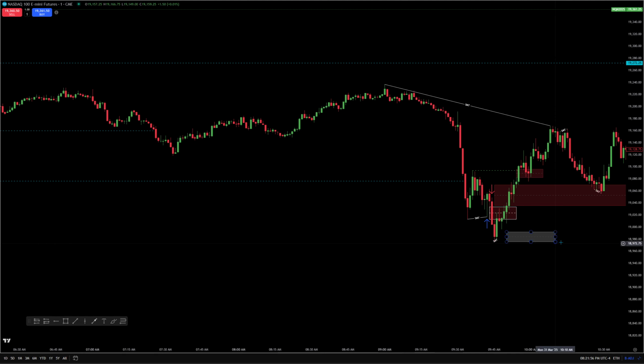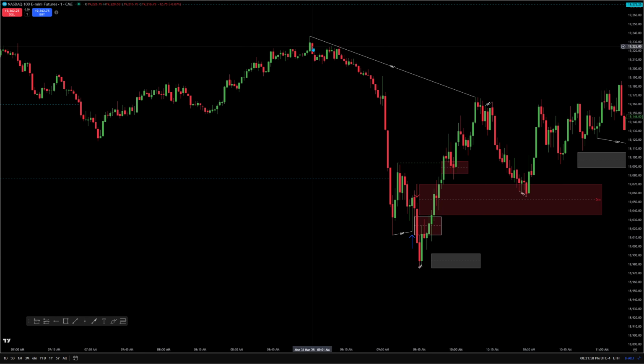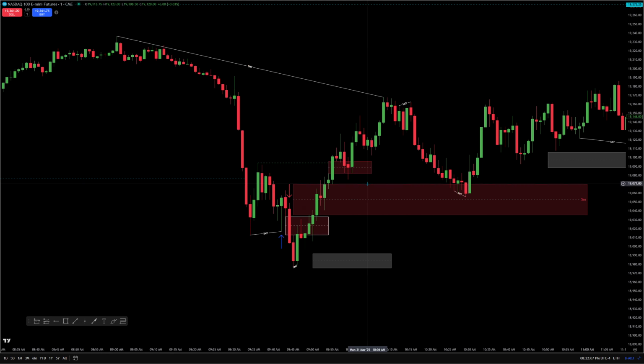If we look, we started going down at 9, so macro pushed us down, took out the low. Usually, if we start moving at market open, price usually reverses around the macro, which is exactly what we did roughly here, right?